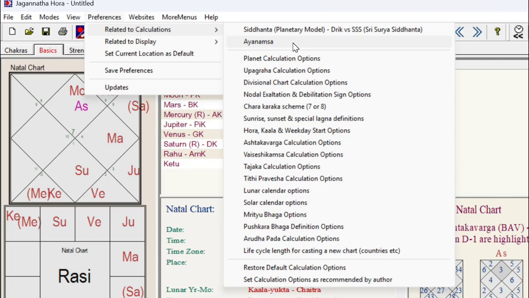So this is very important to understand, that Ayanansha is nothing but the starting point of the Aries, or the starting point of the Ashwini Nakshatra, because Aries and Ashwini Nakshatra both start at the same point. For Western astrologers, it is the vernal equinox. For us, it is a reference star. When we take the reference of a fixed star, that is known as sidereal.